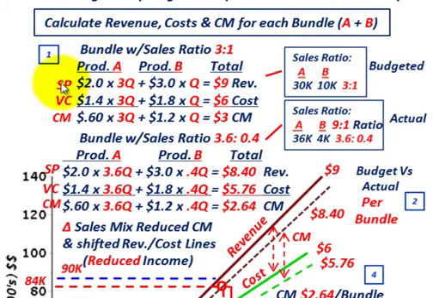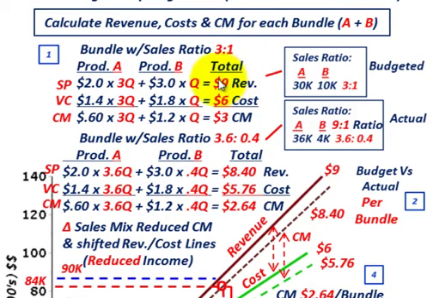So for product A, our selling price was $2 per unit. Now this is where we put in those ratios, the sales ratios. For A, for our budgeted amount, that was 3. So I'm just putting that in as 3Q. And then for product B, the selling price is $3 per unit times a sales ratio of 1, 1Q for product B. So our total revenue based on our selling price is what? 3 times $2 is 6, plus 3 times 1 for product B. So total revenue is $9.